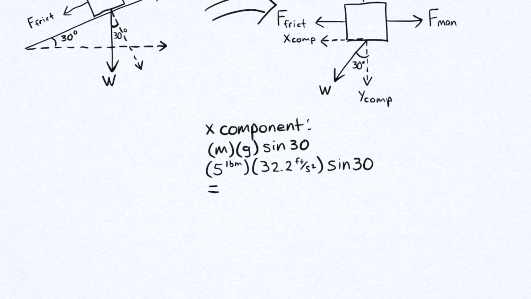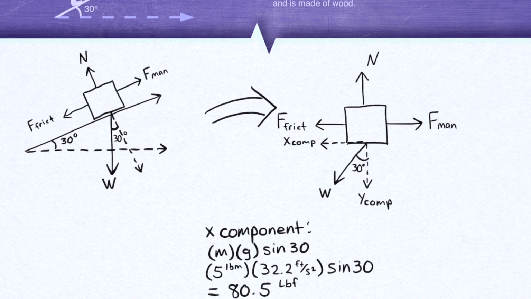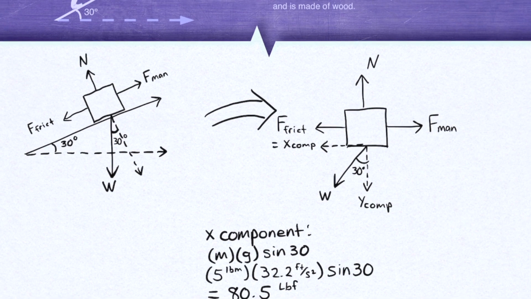Then the answer is going to be 80.5 pounds of force. Not mass, but pounds of force. So the x component is 80.5 pounds of force. That's this one right here, 80.5 pounds of force. So I'm going to label it equals 80.5 lbf, which is pounds of force.